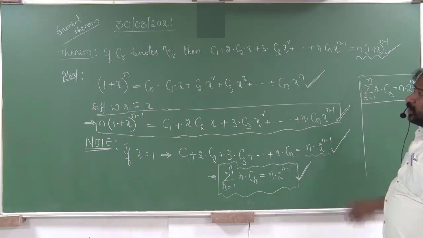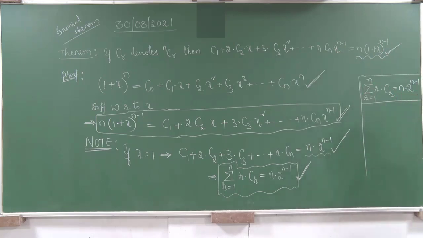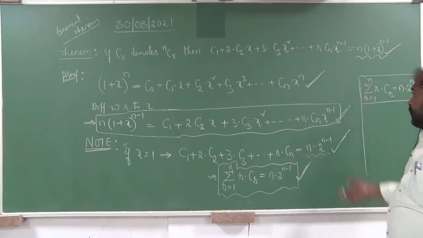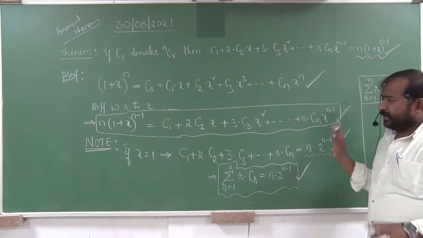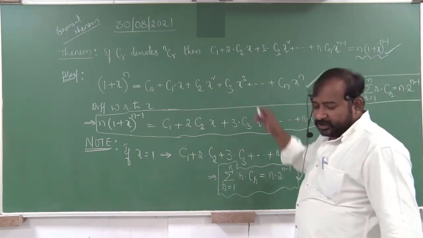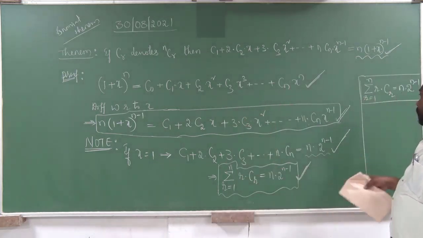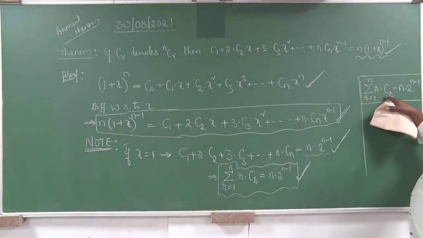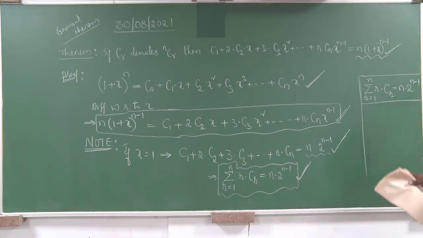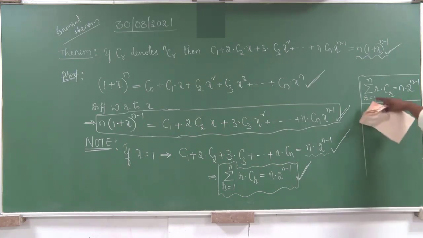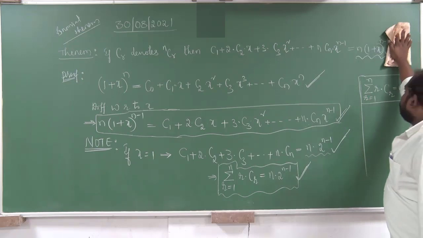For this, one more proof is also there, but I think we are getting it easily now. It is enough: simply take the expansion and differentiate, you will get the result. But keep in mind that r into Cr summed equals n into 2 power n minus 1, with the sigma notation of course. Next, one more thing.